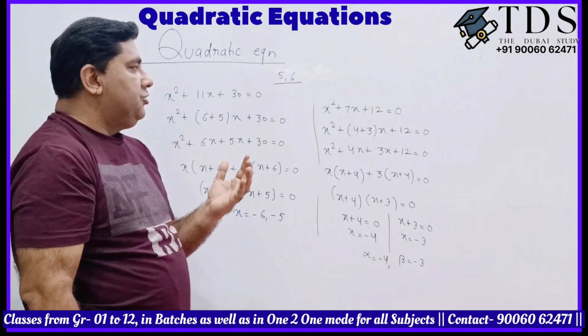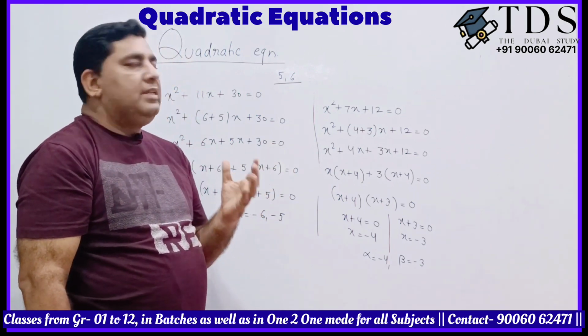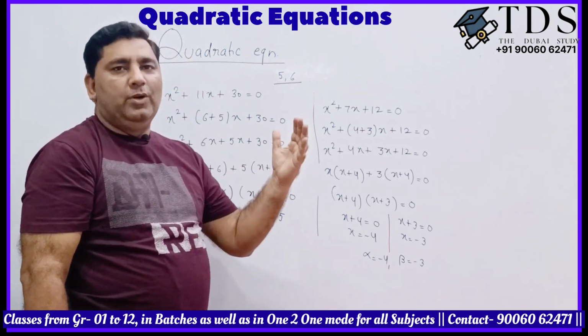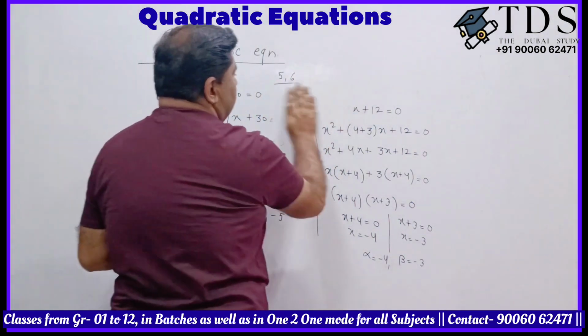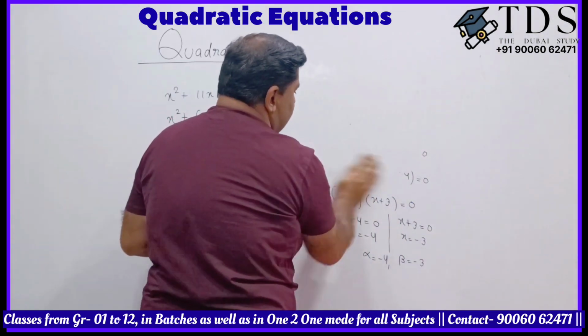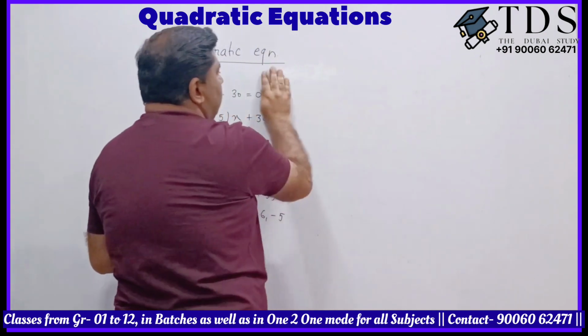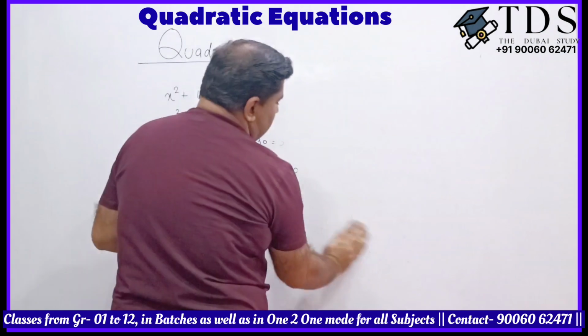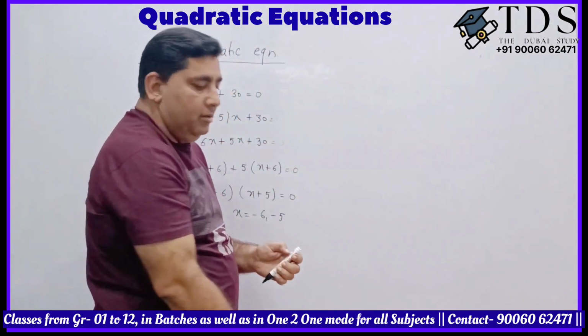Now the next topic is how to find out the nature of the roots of any quadratic equation. Okay, so the next topic is nature of roots, by which we will know whether the roots are real or imaginary or equal.